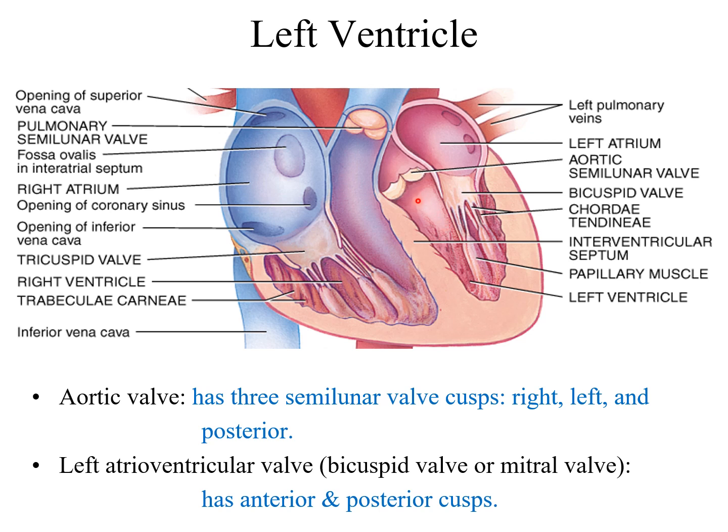From here the big vessel taking origin is our aorta, which takes oxygenated blood to the whole body, and it contains another type of semilunar valve, known as the aortic valve, again having three cusps, right, left and posterior.